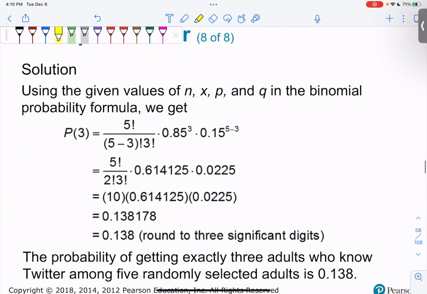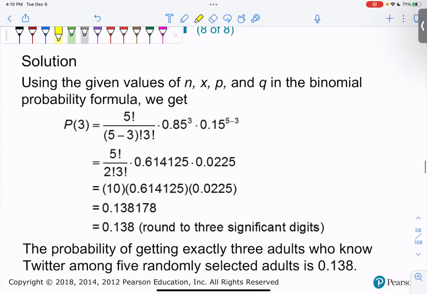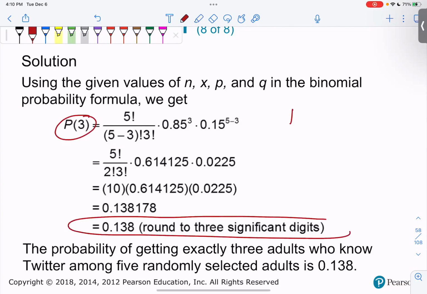We have different ways to find this value, but you should understand how to find it manually first, and then I'll give you the easy way. Okay, so what do we mean by this one?